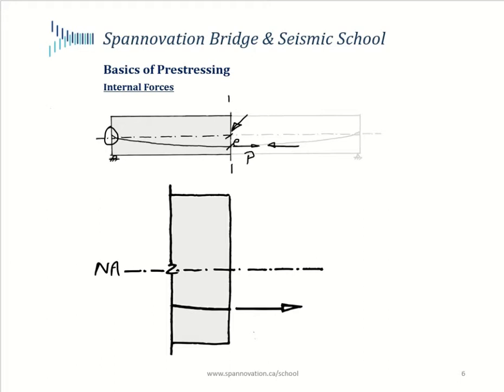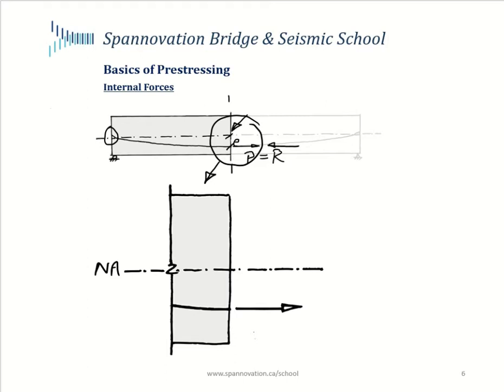And let me call that reactive force R. And this force has to be equal in magnitude and perfectly coincidental with the P force for this face to be in equilibrium. So knowing that, let's look at that piece of concrete a bit more closely.